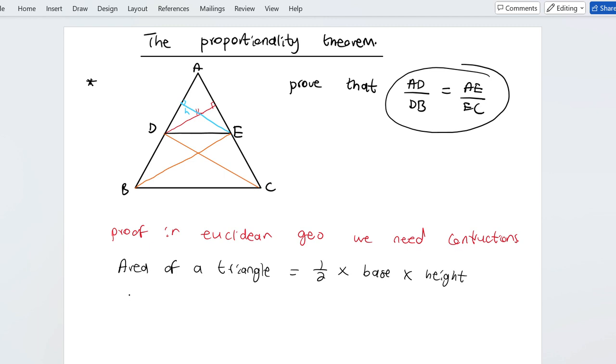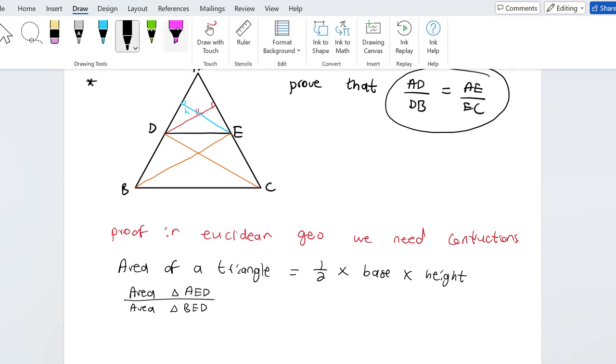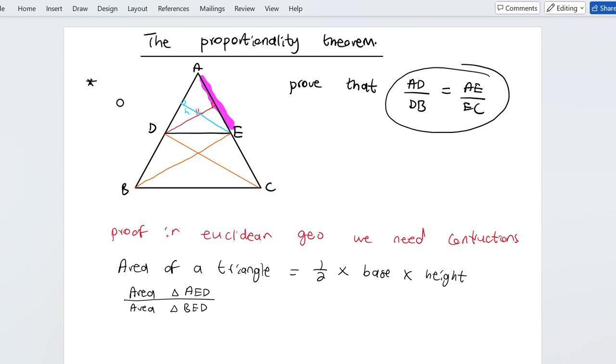So now I'm going to say the area of triangle AED over the area of triangle, we said this triangle BED. Now these two triangles, if we look at them carefully, this triangle here which we drew before and this triangle over here, they share the same vertex at point E. Triangles which have the same vertex at a point have the same height.